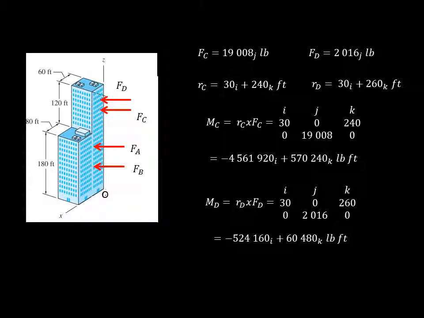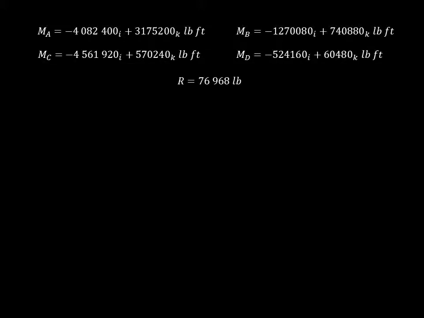This is just the continuation in solving for the moment. Now, we already have the value of the moment of each of the forces at point O. By the definition of moment and forces, the resultant moment is equal to the cross product of the distance and the resultant force, and it is also equal to the summation of all the moments of each force in the system.